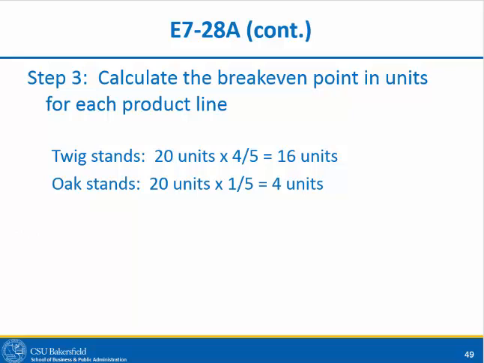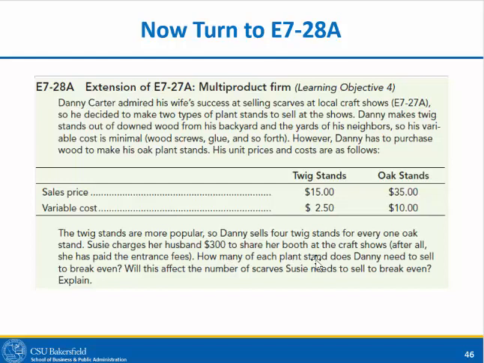So this is actually a funny question here. It will actually change the break even for Susie. Why? Because if you go back to the question, Danny actually pays $300 to share Susie's booth. Which means Susie has less fixed expenses. Let's assume that Susie has paid entrance fees of $1,300, but Susie is going to get $300 from her husband.